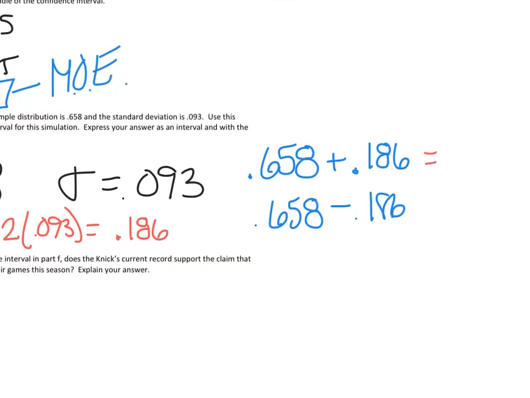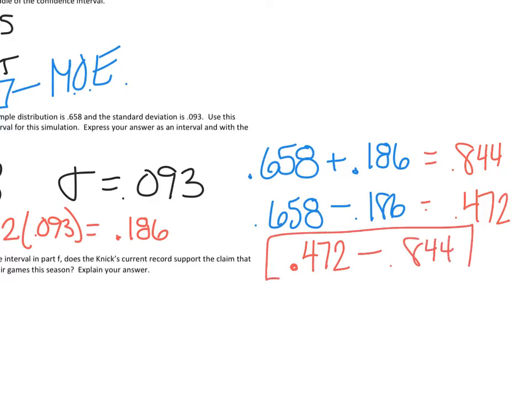And let's see, I got 0.844 and 0.472. So I am 95% confident that these should fall between 0.472 and 0.844. So that is my confidence interval, my range of numbers that are acceptable.